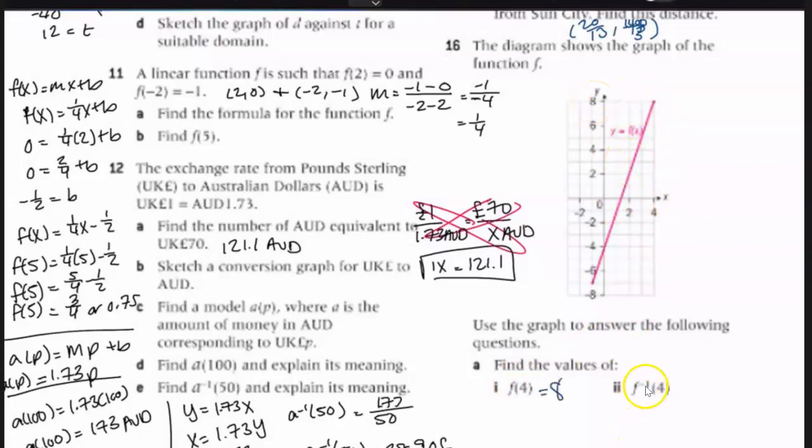Now this one, this little tiny -1 always means inverse, so that means switch your input and output. So instead of my input being 4, I'm now going to consider my output as my input. Or my input's going to be my output. So with an output 4, what is the input? With an output 4, it seems to me that I have an input of, let's say 3.